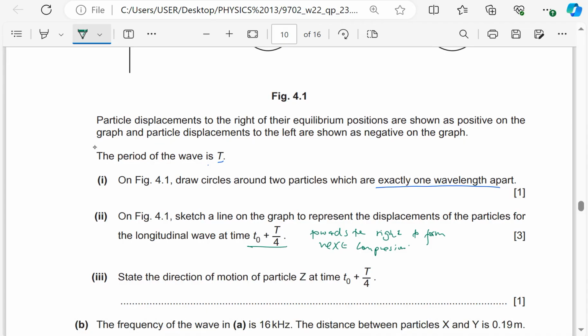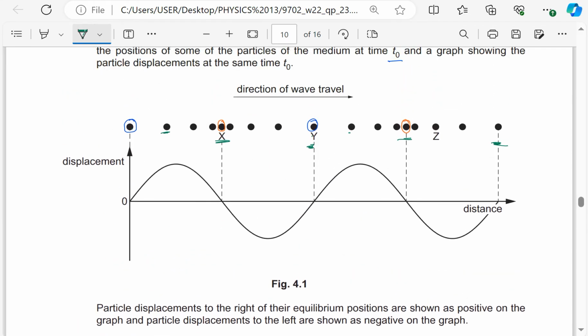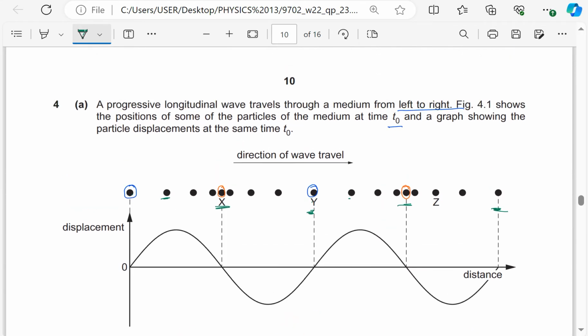Because remember, at t equals t naught plus a quarter cycle, it means the particles in one section are going to move towards the right hand side, or the particles in this section here are going to be moving towards the right hand side in a quarter of a cycle. Therefore, they will compress at the next point to form a compression, which is going to be a point where the displacement is zero.